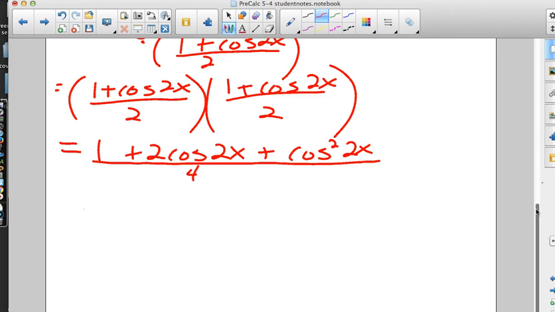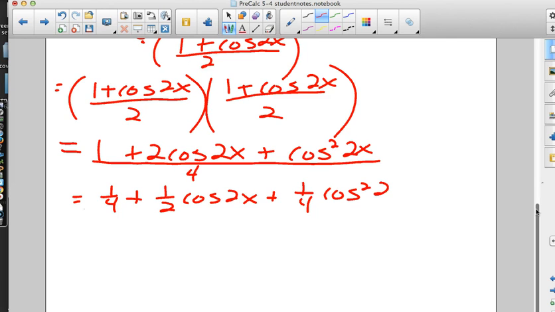Is the entire problem something squared? Is every term that you see up there something squared? No. So what we want to do is separate it out. Remember before I said sometimes it's better to separate out the fractions? This is the now. We've got a 1/4, 2/4 cosine 2x, and 1/4 cosine squared 2x.